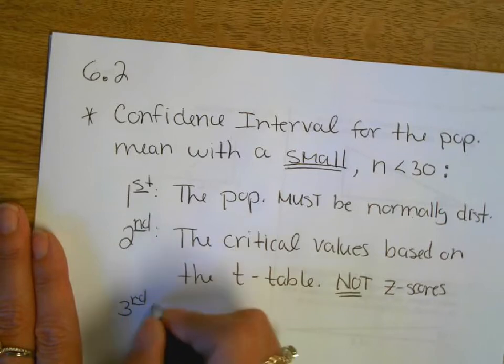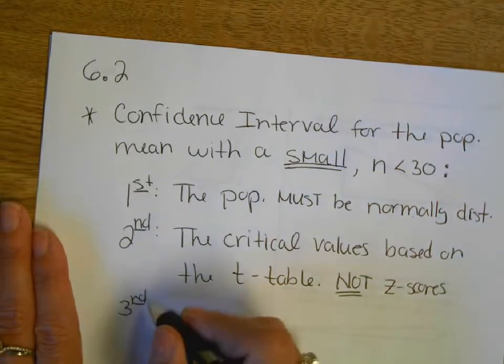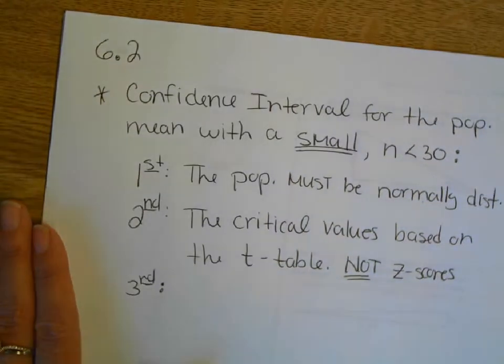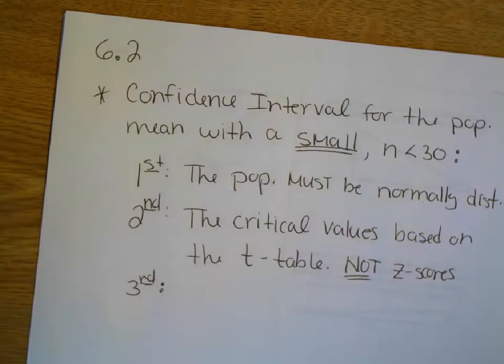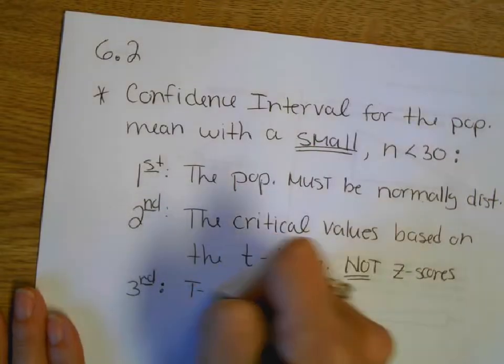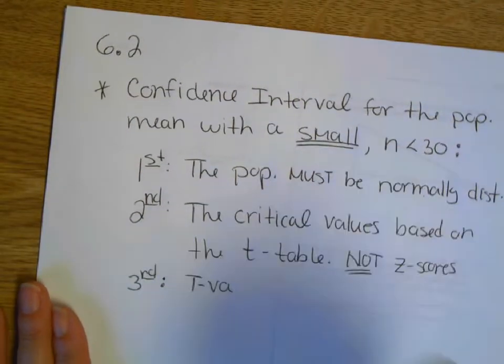And then the third change is that where z-scores were based on the level of confidence, we looked up the different z-scores for 90%, 95%, 99%. So with z-scores, we need to know our level of confidence. For t-scores, we need to know level of confidence and what's called degrees of freedom. So t-values, t-score, t-value, same thing.